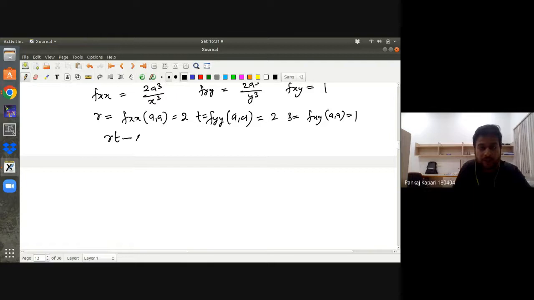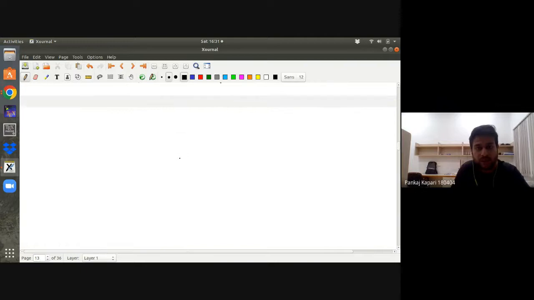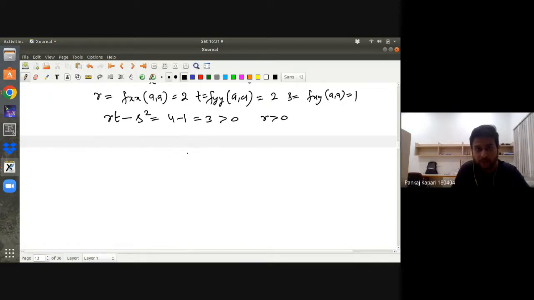What is RT minus S squared? 4 minus 1 is 3. It is positive. And R is also positive. Because RT minus S squared and R both are positive, by the derivative test we have that (a, a) is a point of local minimum.